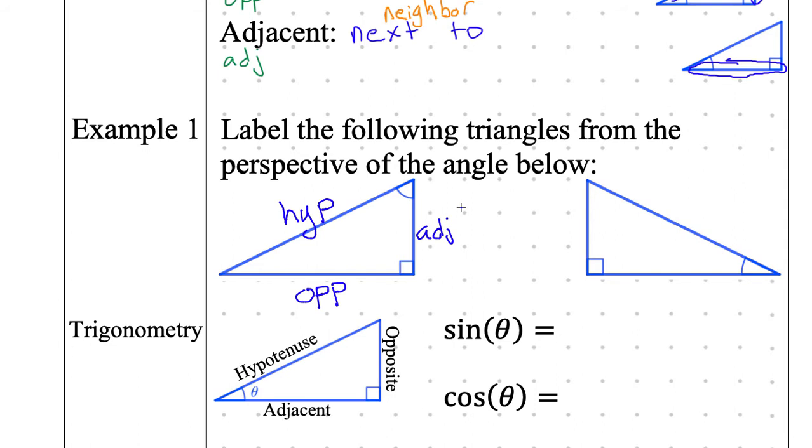Yes, Andres. Wouldn't it be the other? Wouldn't it be vice versa? It isn't. So if my angle of reference is up here, what is the closest, the neighboring leg of this angle? Neighbor, or next to, is this length right here. So this must be the adjacent because it is next to the angle of reference. And opposite is all the way across from that angle.